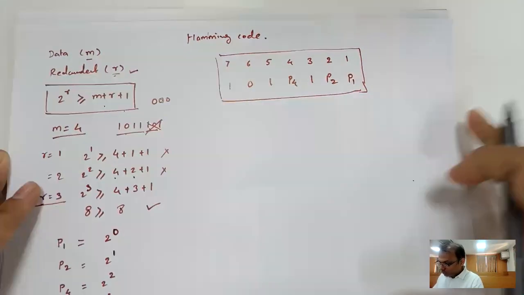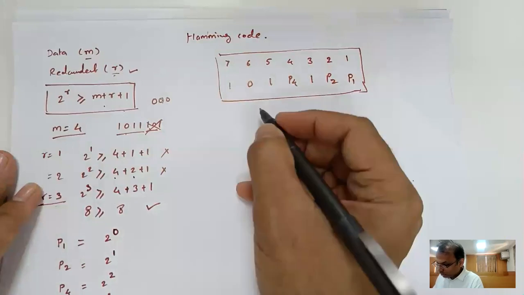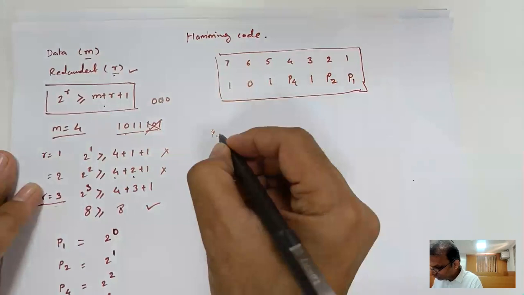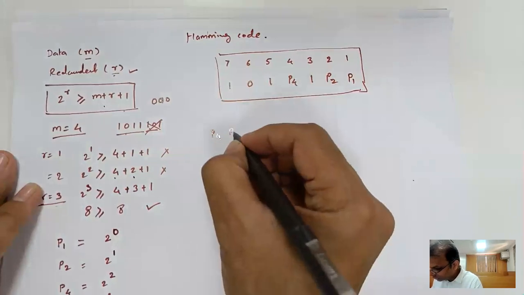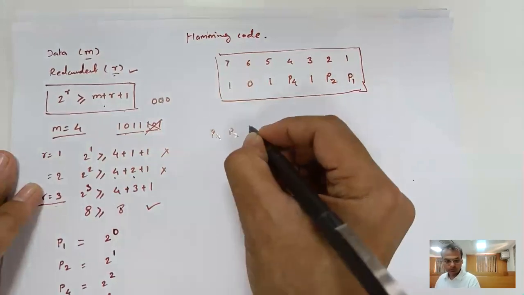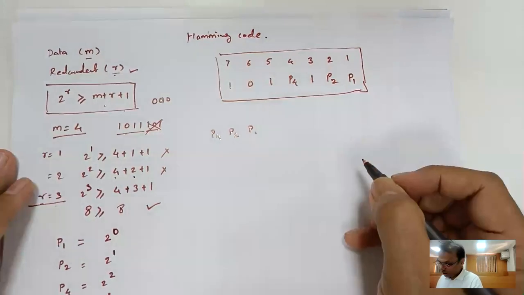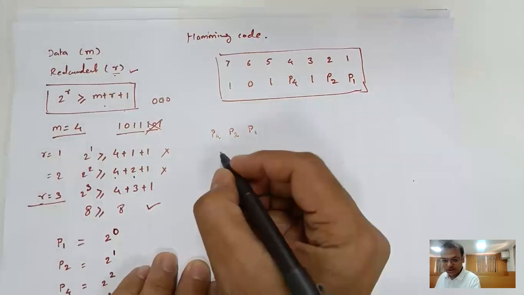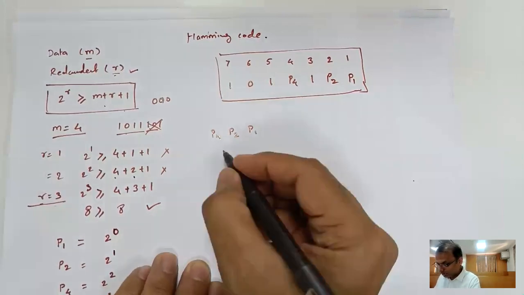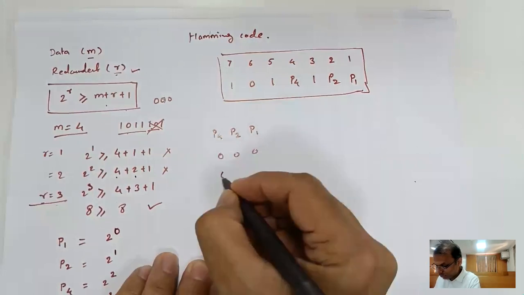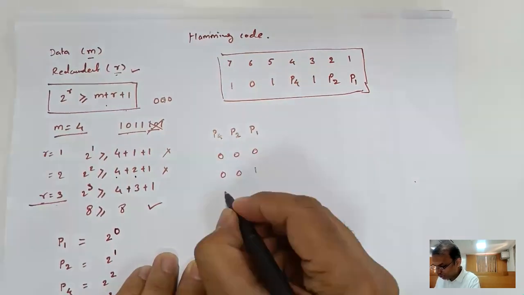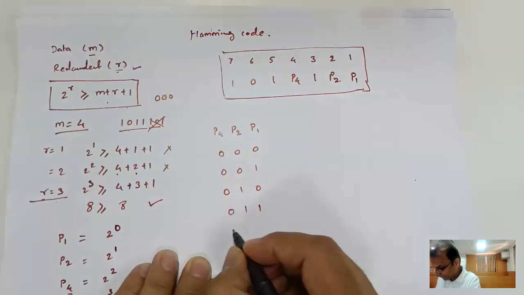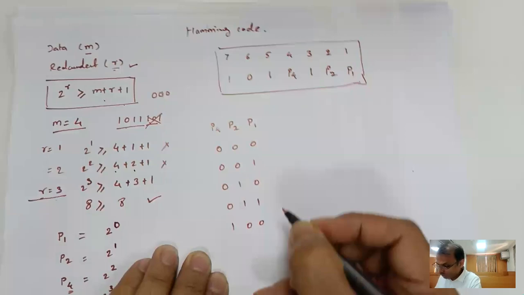Now let us try to find out the values of P1, P2, and P4. So let us consider the binary table: 0 0 0, 0 0 1, 0 1 0. I'm just writing all the combinations here.